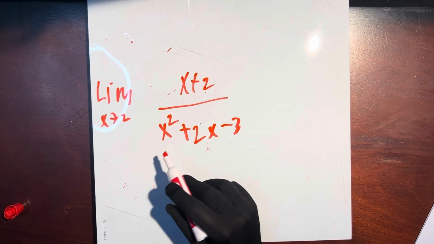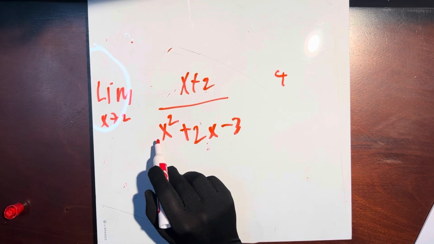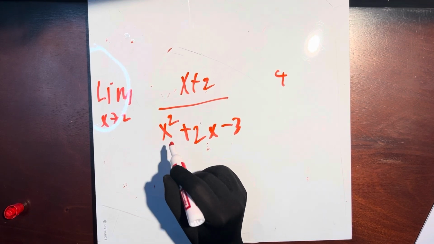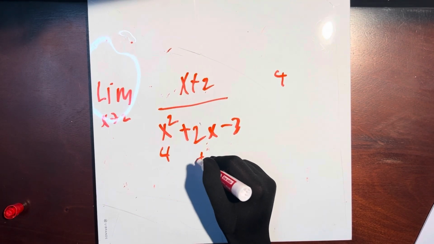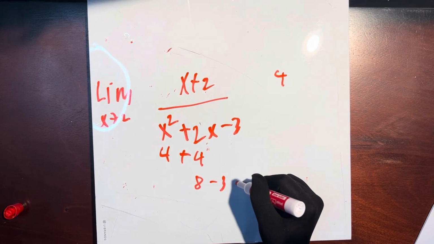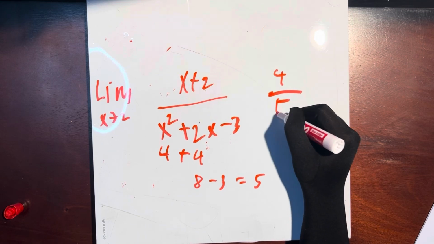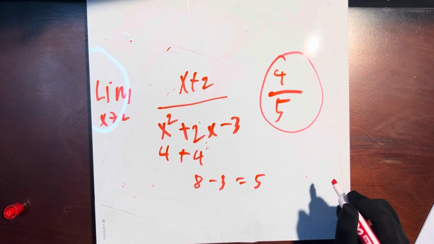Now, you can just plug this in. You get 4 on top, and on the bottom, 2 times 2 squared is 4, 2 times 2 is 4. You get 8, and you minus 3 from 8, and you get 5. And the 5 is under it, so you get 4 over 5. There's your answer.